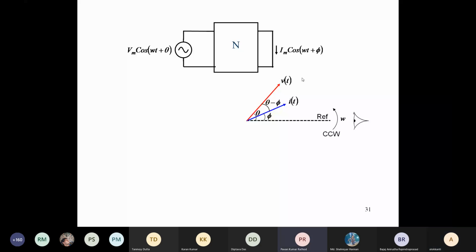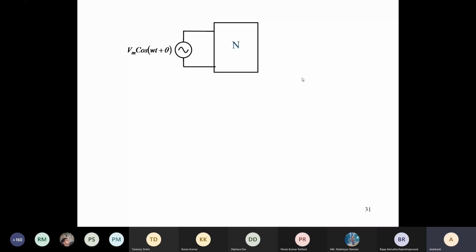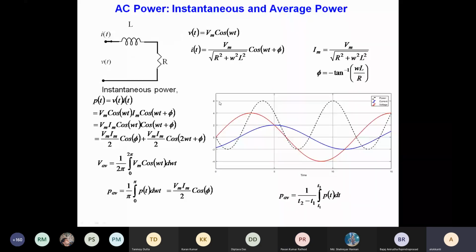So why have we done this theta minus phi? Because this is the angle that matters. We assumed that Vt equals Vm cos omega t and It equals Im cos omega t plus phi. This relative phase difference between the voltage and current phasors appears in the average power expression.